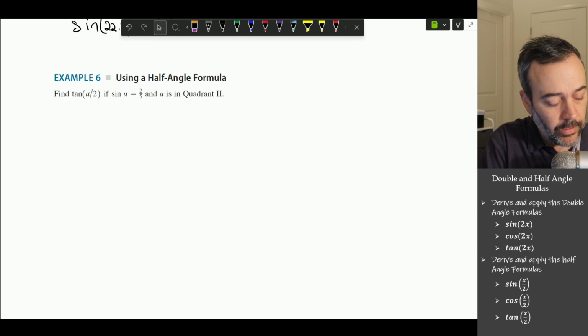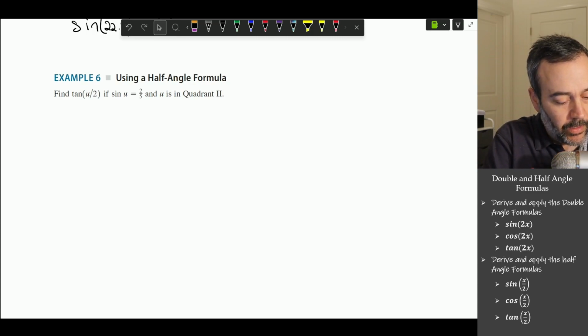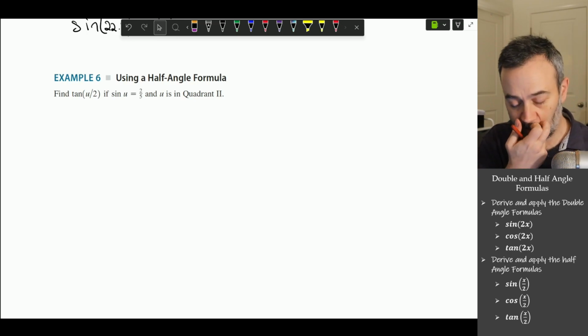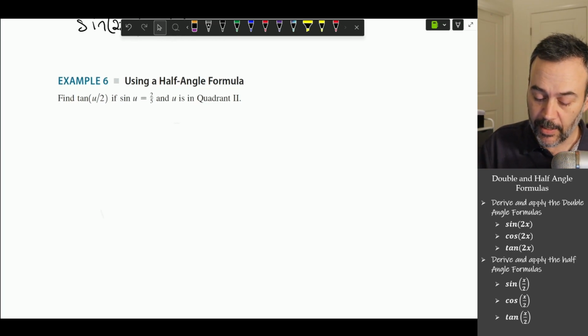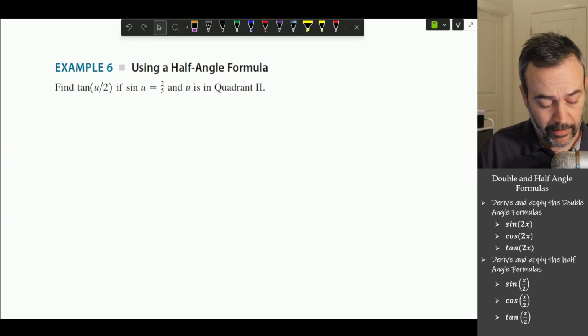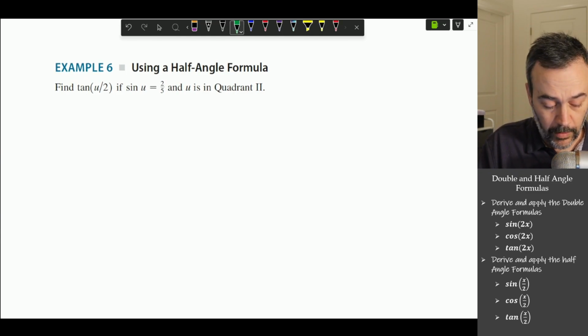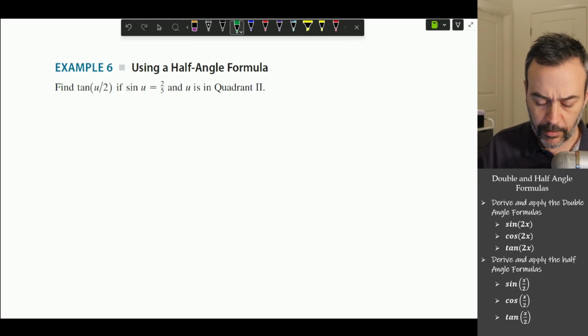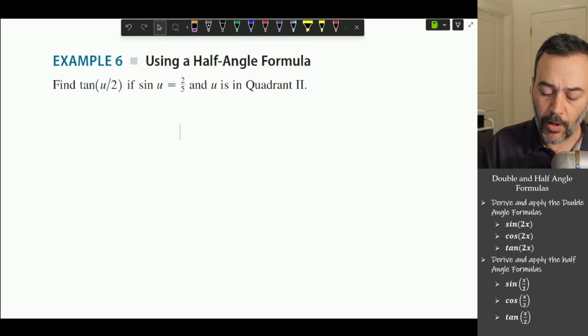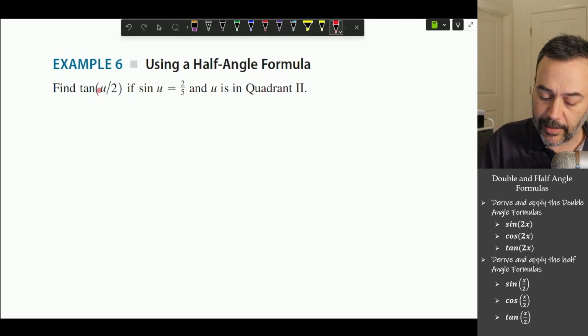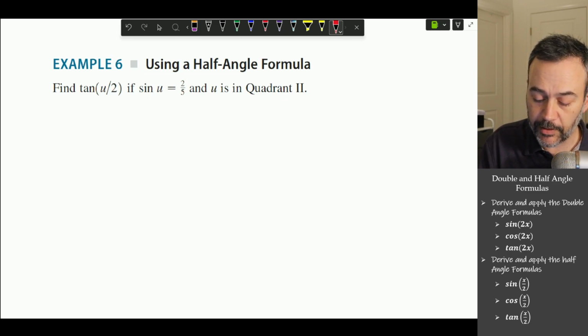Okay, one more example, and actually just 2 quick examples to finish up, and then you can do a lot of practice. So we want to find tangent of u over 2, and we're given that sine of u is 2/5 and u is in quadrant 2.